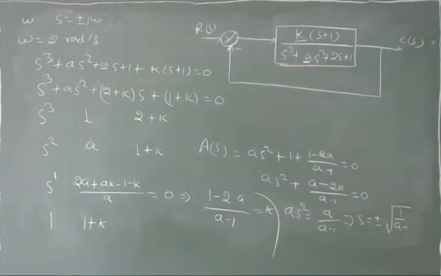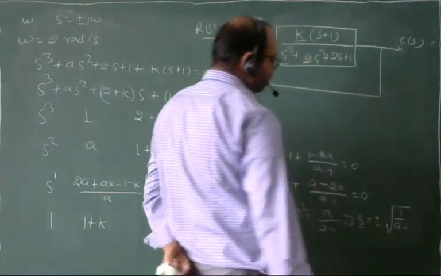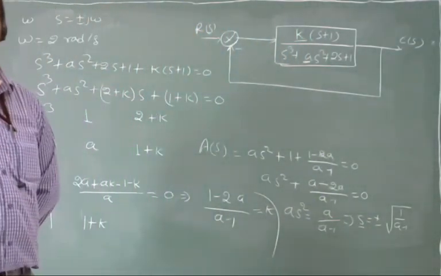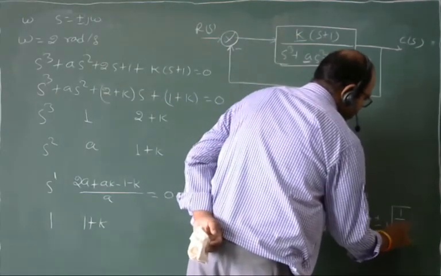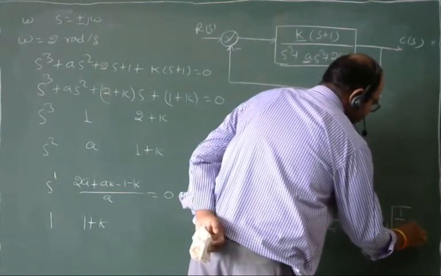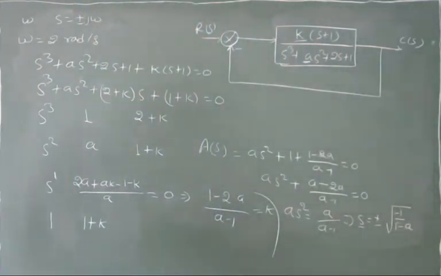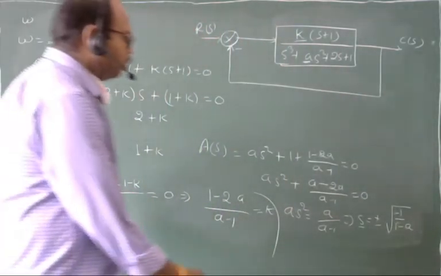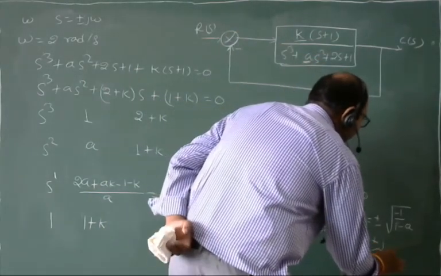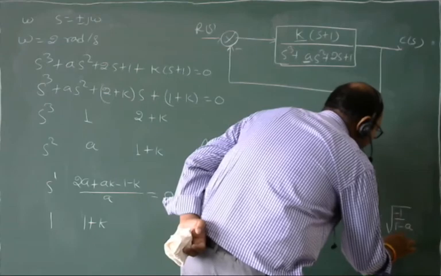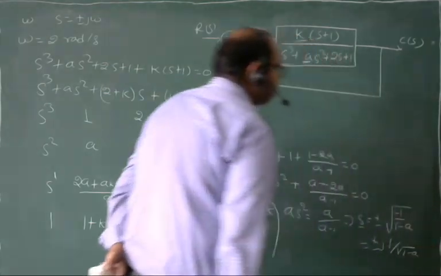And we have to find the value of s on imaginary root. So for imaginary root, change this as minus 1 over 1 minus a, and the value becomes plus minus j 1 by under root 1 minus a.